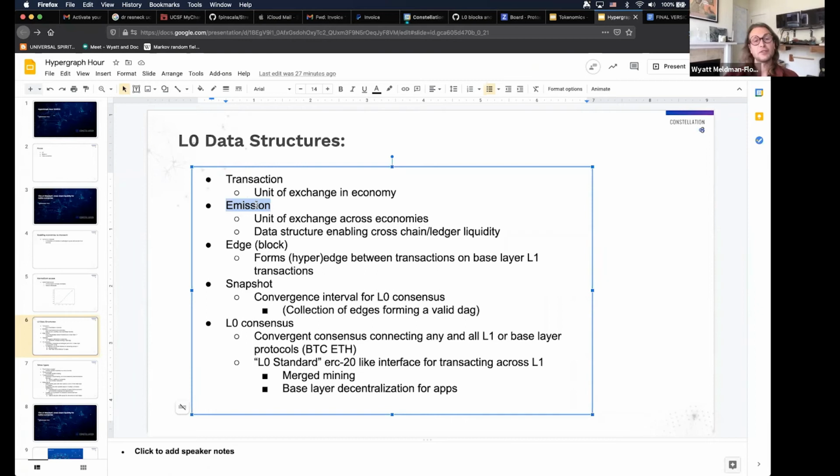L0 layer. And so an emission is basically a way in which we can make a transaction with a liquidity pool, which is a representation of some type of financial value, but also network resources that can be tapped upon. That is the interface between someone's state channel or base layer and all other state channels and thus base layers, and that happens on the L0.